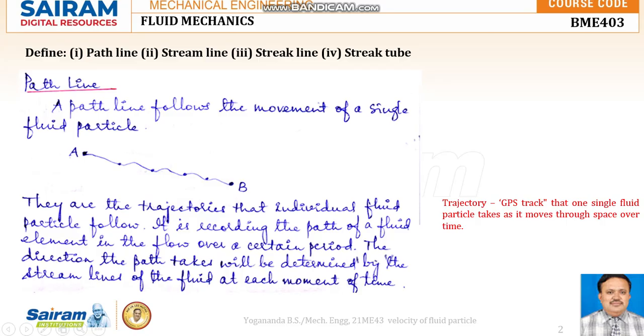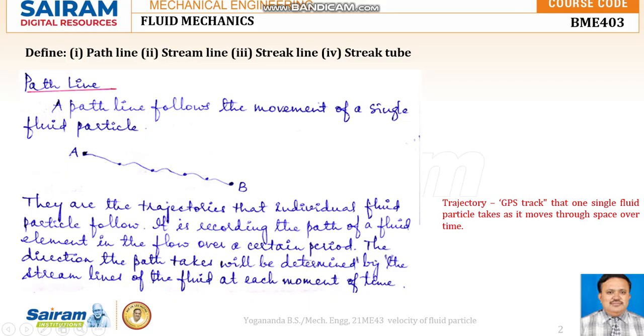So path line is the trajectory that an individual fluid particle is following. Trajectory is like the GPS track that one single fluid particle takes as it moves through space over time. So we are tracking the movement of one single fluid particle from point A to point B. So that is the GPS track trajectory.